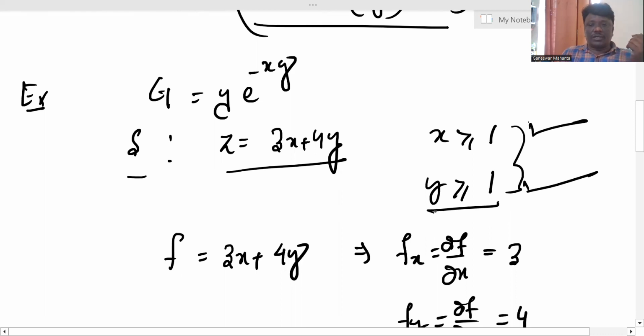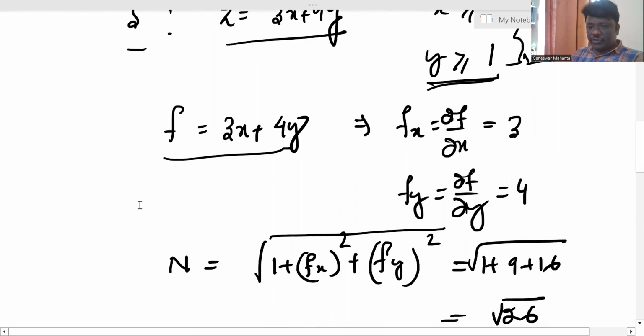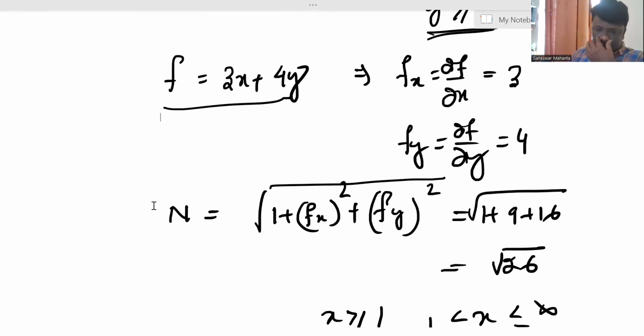We need to calculate the capital N. First we calculate fx, that is 3, and fy, that is 4. Capital N is the root of 1 plus fx squared plus fy squared, and that is root 26.